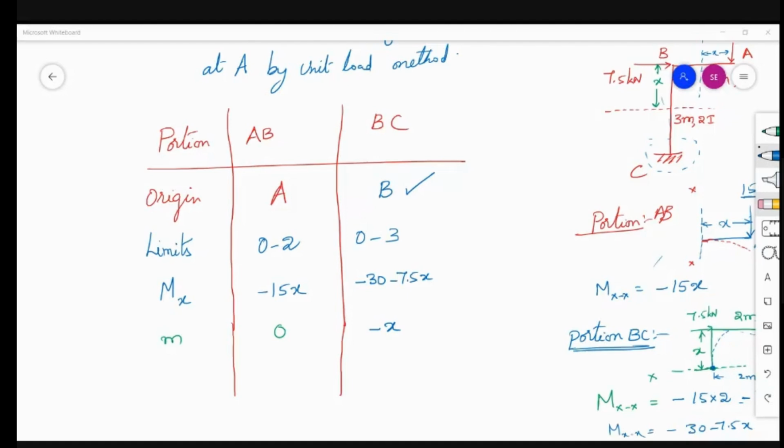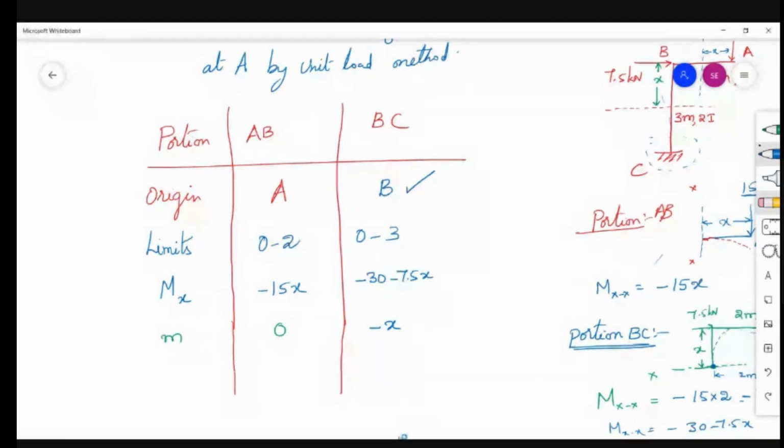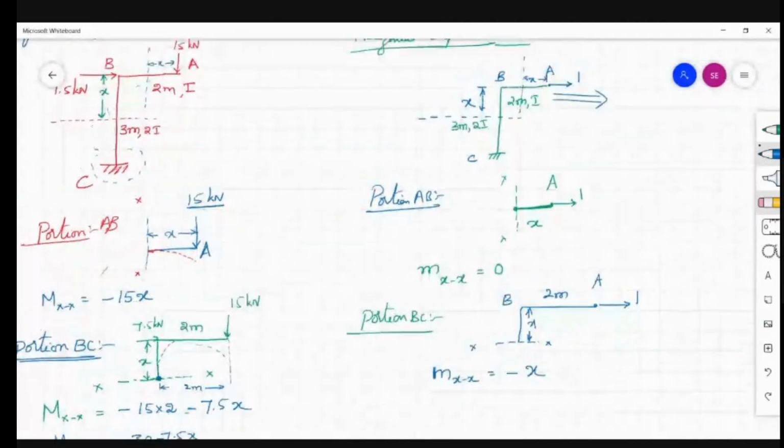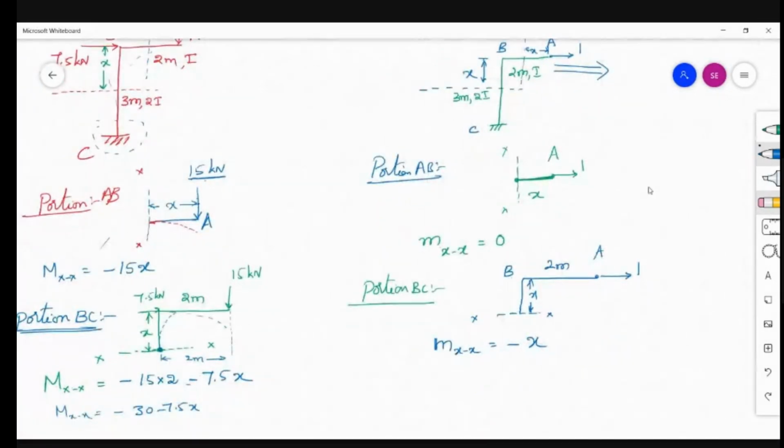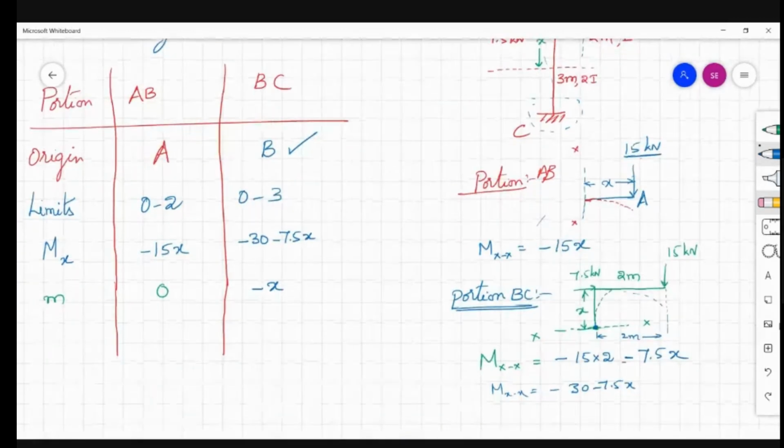Is it completed up to this portion? What we have done is for the horizontal portion, applying a unit load to get the horizontal deflection at A. The formula for horizontal deflection, delta H at A, is equal to the integration from 0 to L of capital M into small m dx by EI.